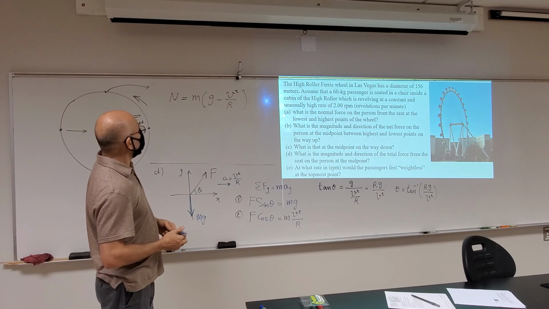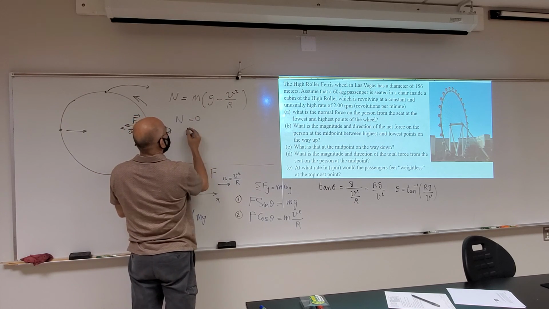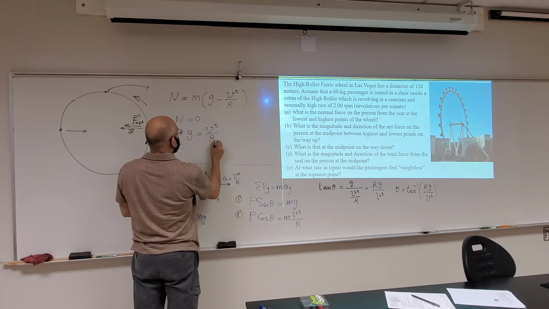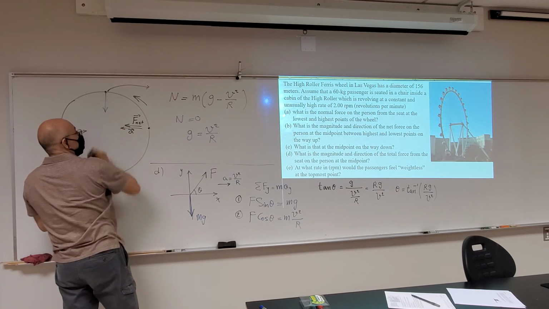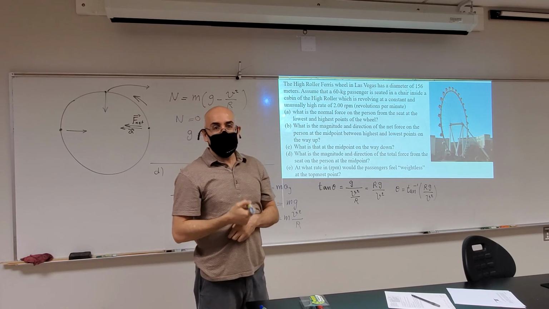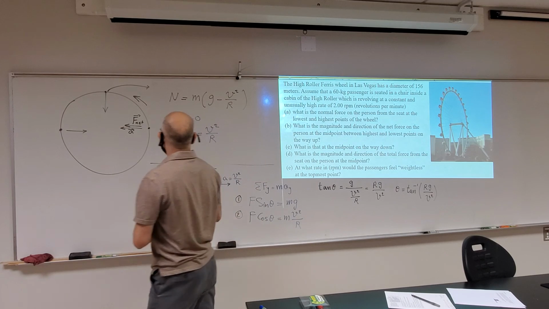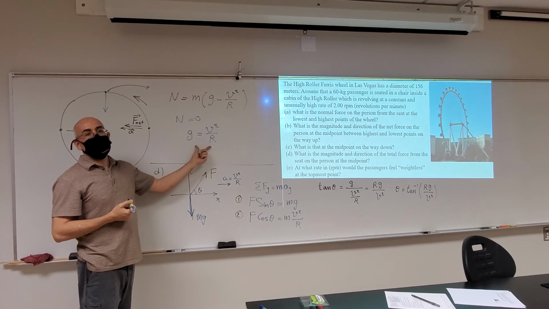All right. So if you put N equal to 0, then you get g equal to v squared over r. That means all the acceleration that you have is provided by the weight. V squared over r is equal to g.